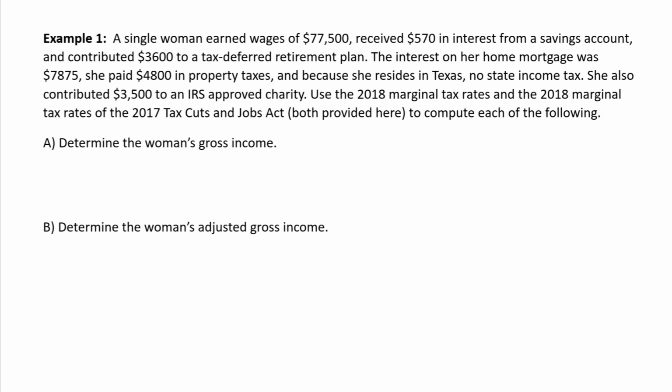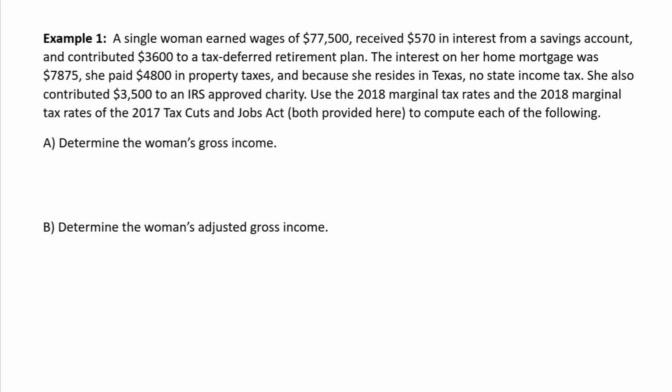Example: a single woman earned wages of $77,500, received $570 in interest from a savings account, and contributed $3,600 to a tax-deferred retirement plan. The interest on her home mortgage was $7,875.